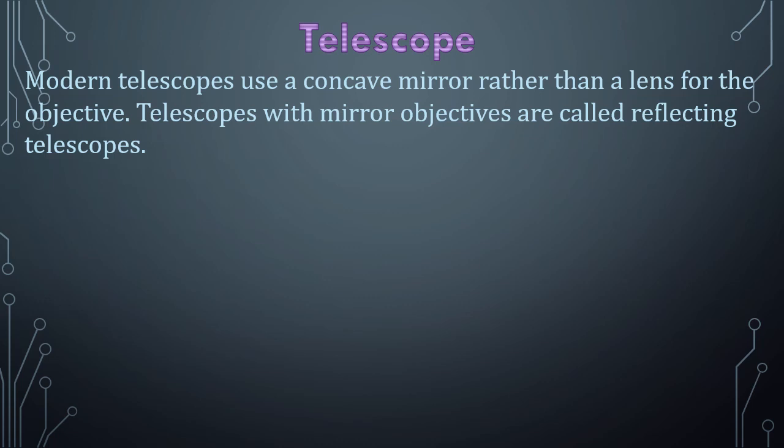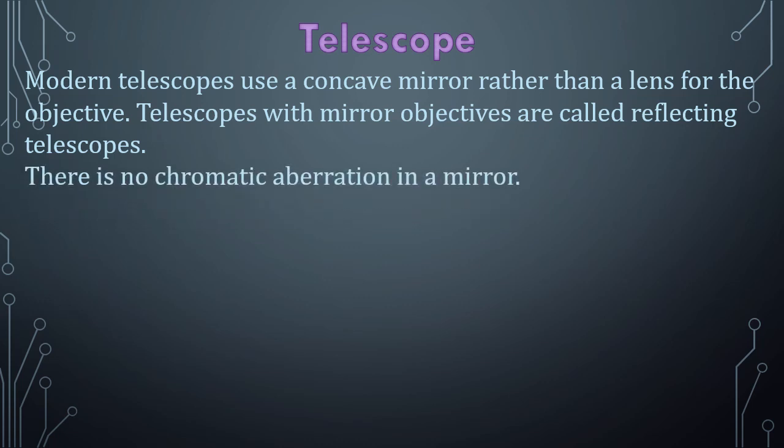Telescopes with mirror objectives are called reflecting telescopes. Now, in this kind of telescope where a mirror is used, mirrors are much lighter in weight compared to lenses. So mechanical support will not be a problem for us. Also, we can provide support at the back of the mirror because the incident rays will not pass through the mirror, they will get reflected.